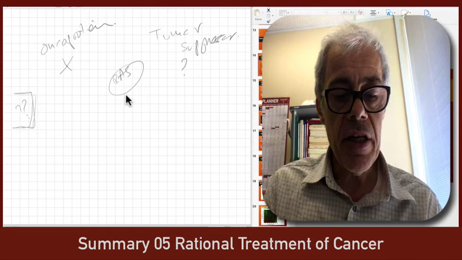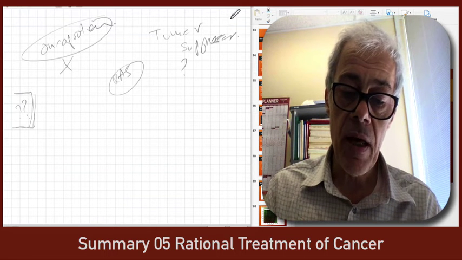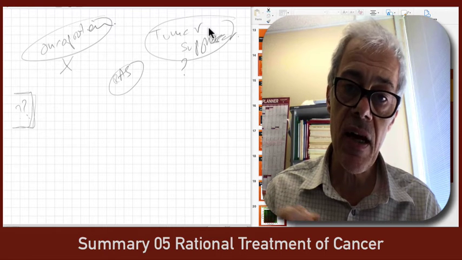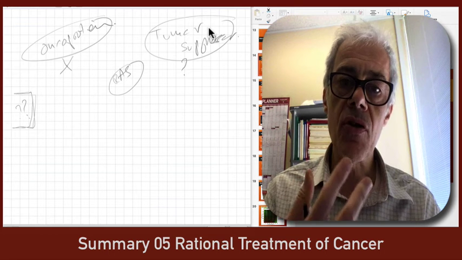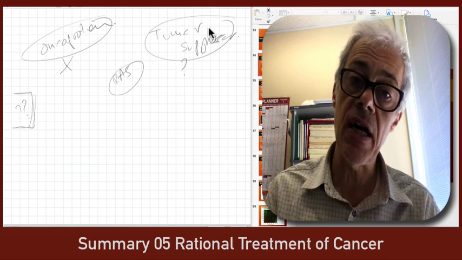Okay, so you need to know, is it a good target? And oncoproteins make good targets. Tumor suppressors don't make good targets. And that idea of a good target is based on the function of the protein and whether it makes sense to put all this time and effort in to target it.